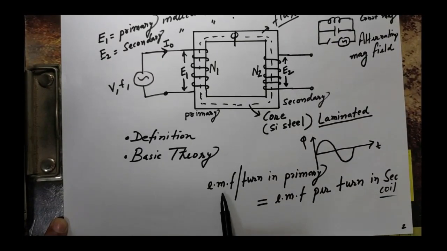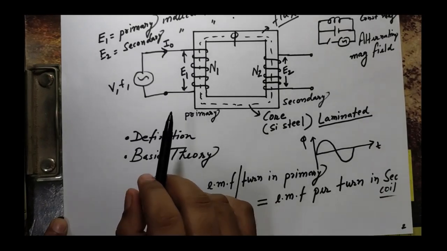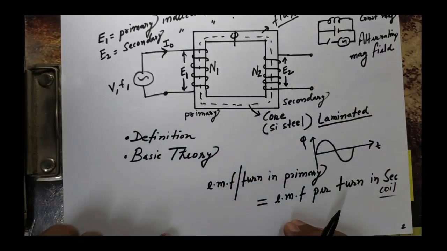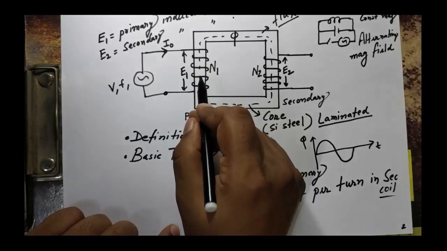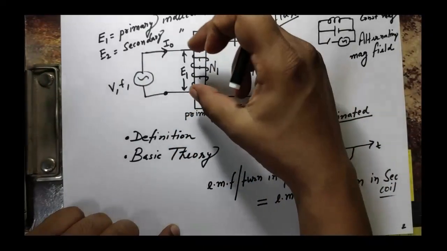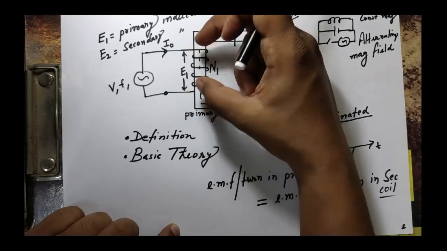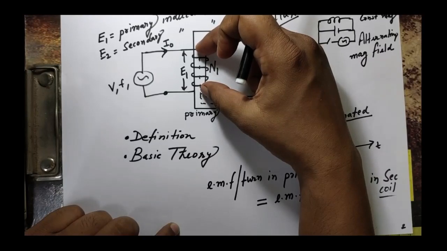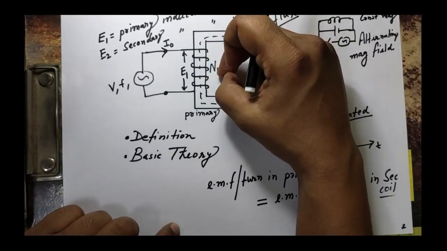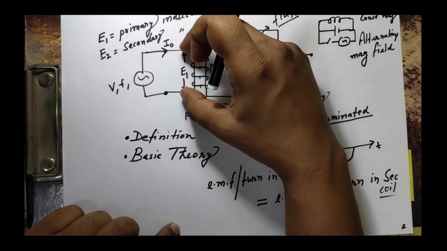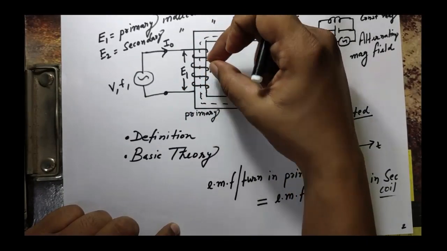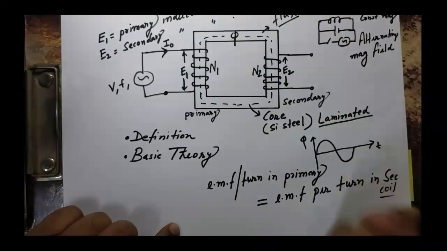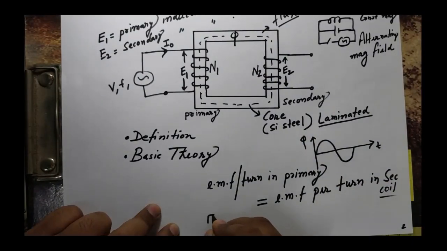Now see, as we are saying, the EMF induced per turn in primary is equal to the EMF induced per turn in secondary. So what will be the EMF induced per turn in primary? Since E1 is the total EMF induced across all these turns, and the number of turns is N1, the EMF induced per turn will obviously be E1 by N1.